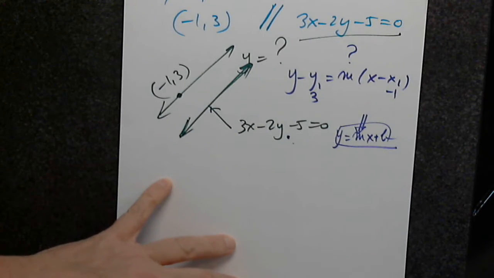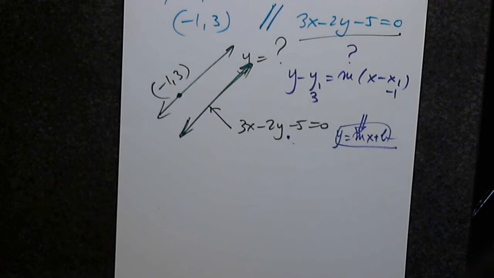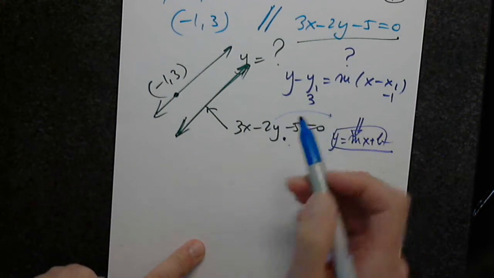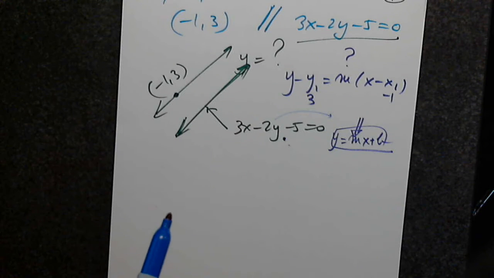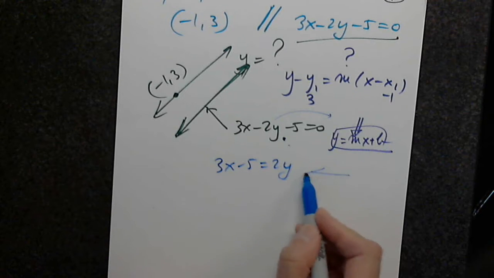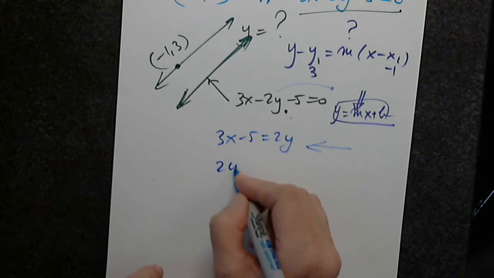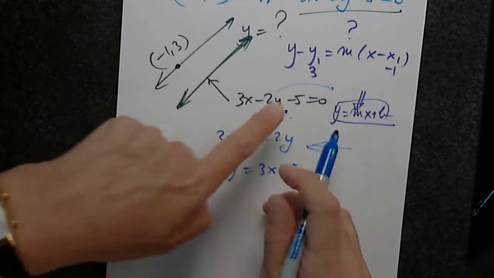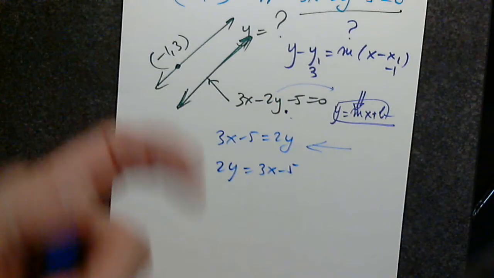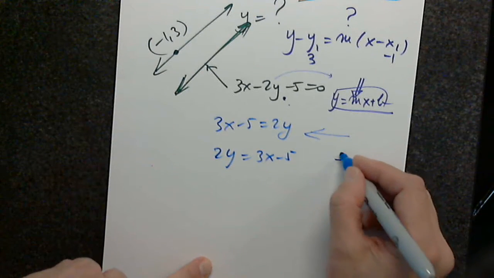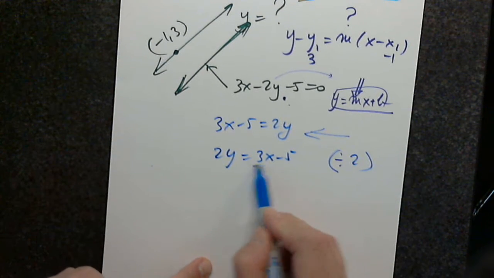Be very careful how you solve for y for two reasons. First of all, what I would do, I would move this term to the other side. I would write 3x minus 5 equals 2y, or repeat it from the right-hand side, so I don't have to worry about multiplying by negative 1. It doesn't matter. You can keep this here and move the other 2, and then you'll divide by negative 1. It's not important. But when you divide both sides by 2, do not do this.